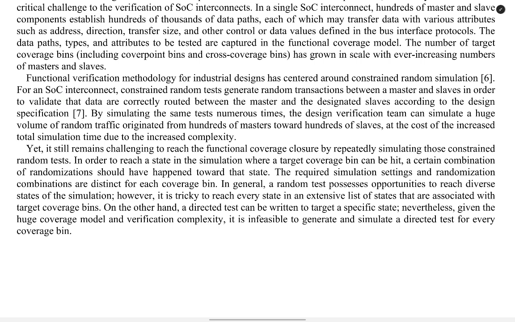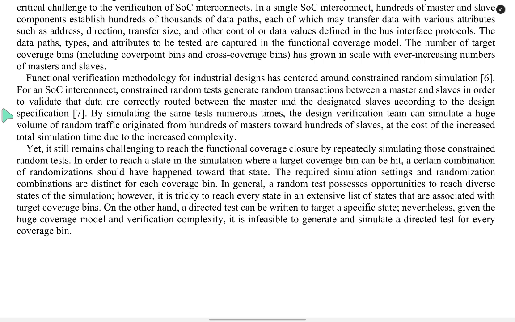By simulating the same test numerous times, the design verification team can simulate a huge volume of random traffic originated from hundreds of masters toward hundreds of slaves, at the cost of increased total simulation time due to the increased complexity.